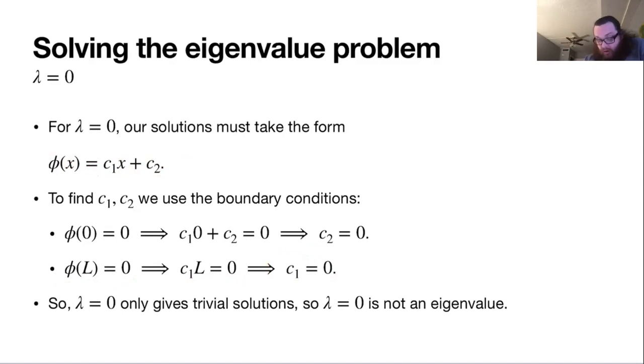So if we consider the problem for lambda equal to 0, the only possible eigenfunctions are the trivial solutions, phi is equal to 0. And those are the solutions that we're not interested in. So lambda equals 0 is not a viable eigenvalue.